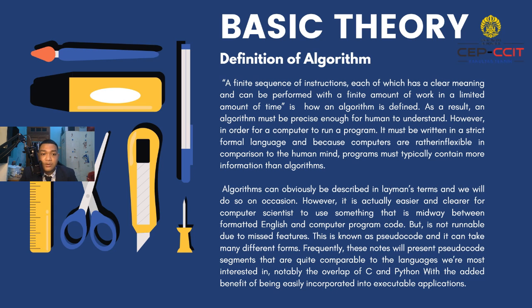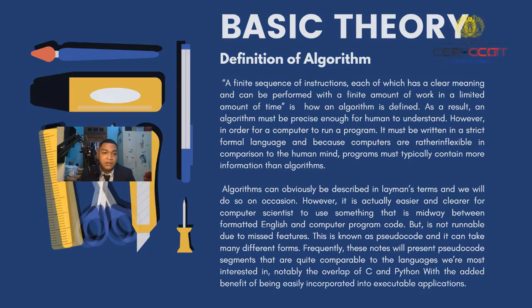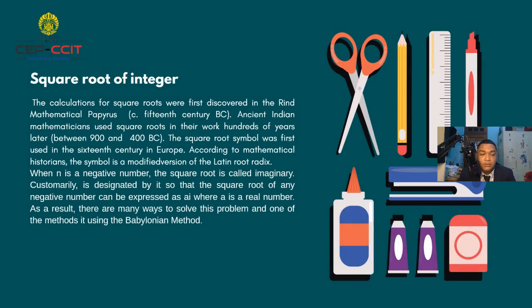This is known as pseudocode, and it can take many different forms. Frequently, these notes will present pseudocode segments that are quite comparable to the language we are most interested in, notably the overlap of C and Python, with the added benefit of being easily incorporated into an executable application. Next is square root of an integer.